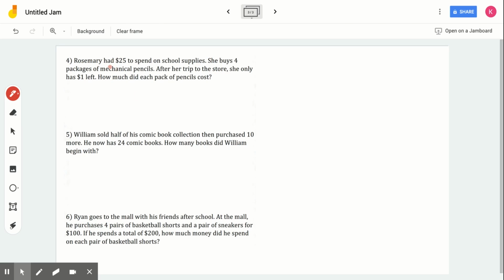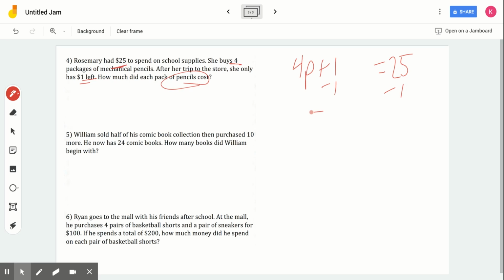So we know that she had a total of $25 to spend. She bought 4 packs of pencils, and she has $1 left. But we need to know how much were the pencils. So here we're going to set our equation equal to 25 because that's our total amount. We know that she's going to buy 4 packs of pencils plus the $1 she has left is equal to her total. And again, same steps here.